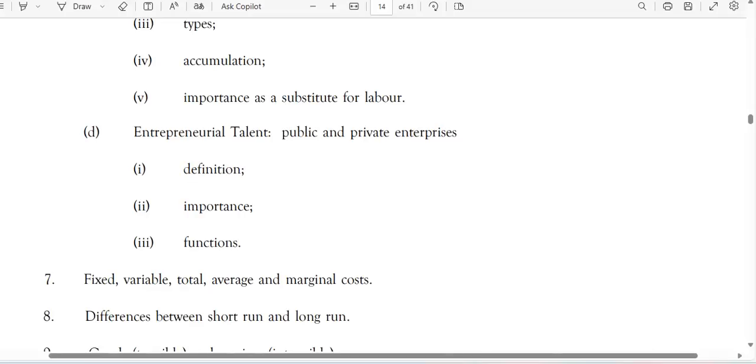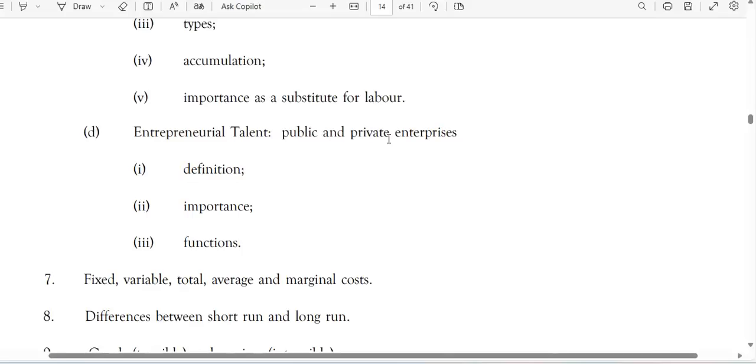Now let us look at entrepreneurial talent in public and private enterprises. Now, private enterprise means that it's owned and managed by individuals or companies. The main aim of a private enterprise is to make profit. Example, supermarkets, hair salons, tech companies.